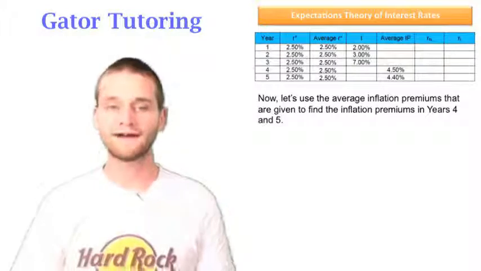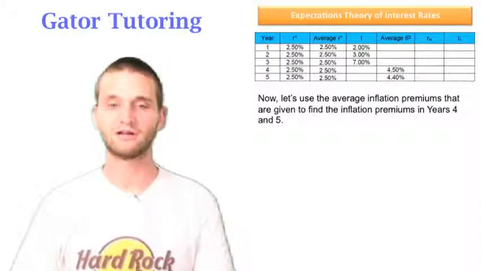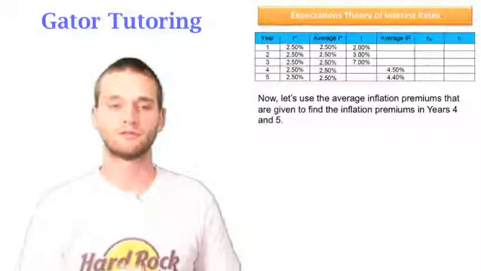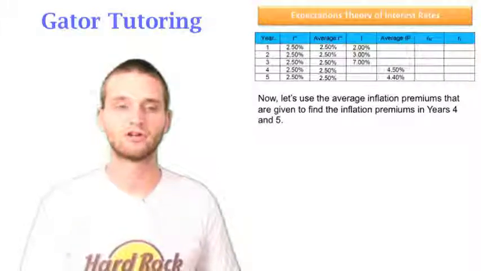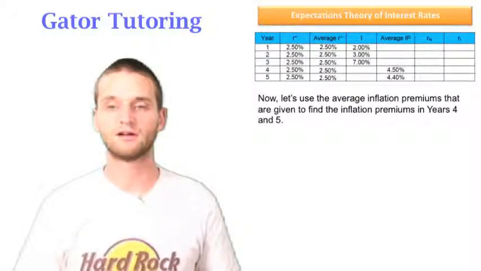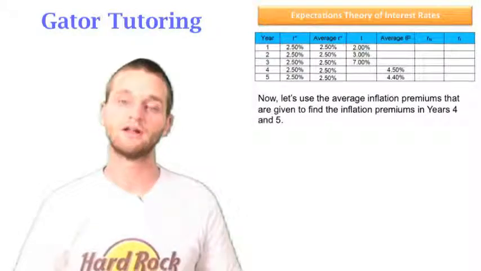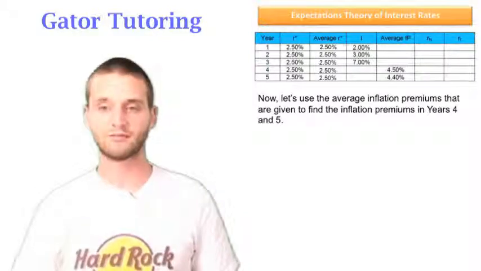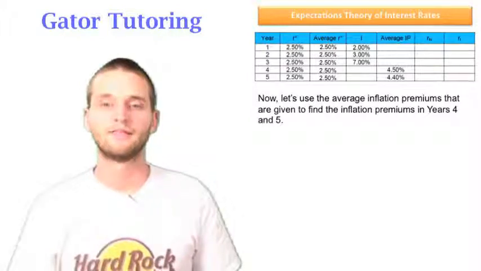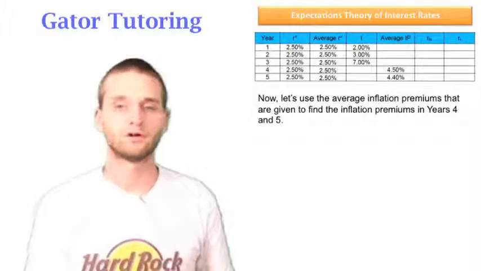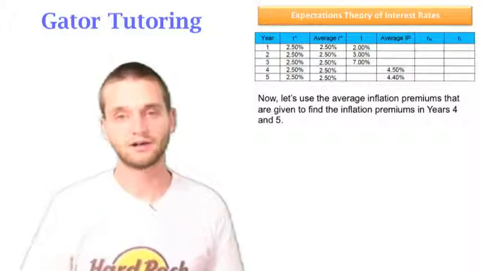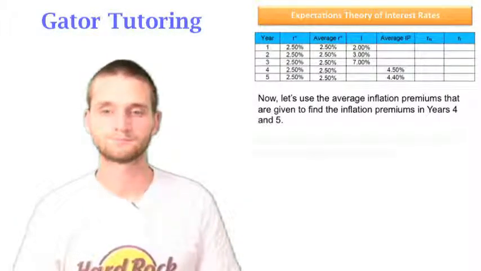So now let's use the average inflation premiums that are given to find the inflation premiums in year 4 and year 5. So we're given the actual inflation that occurs in years 1, 2, and 3. We see the inflation in year 1 is 2%, the inflation in year 2 is 3%, and the inflation in year 3 is 7%. And in year 4, we see in the next column that the average inflation over the last 4 years was 4.5%, and the average inflation over the last 5 years was 4.4%.